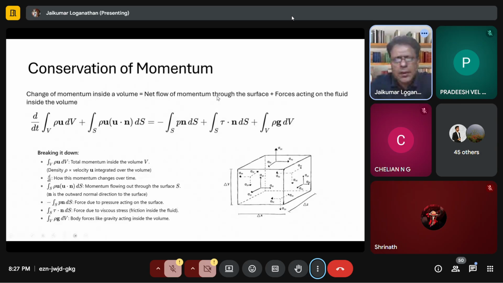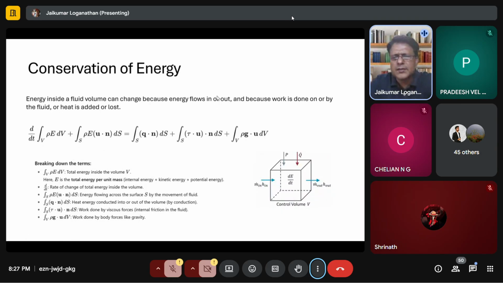Then comes the conservation of energy, which is based on the first law of thermodynamics, which says that the energy inside a fluid can change because of the energy which is flowing in or out, or the work done. It is very similar to the momentum equation, but here we are dealing with energy, right, which is another conserved variable.